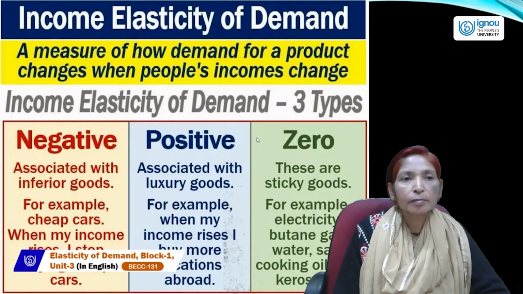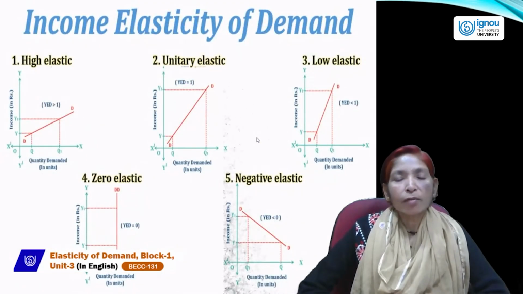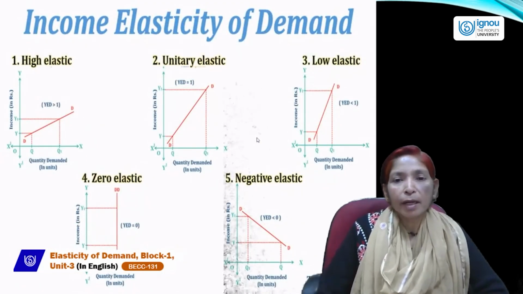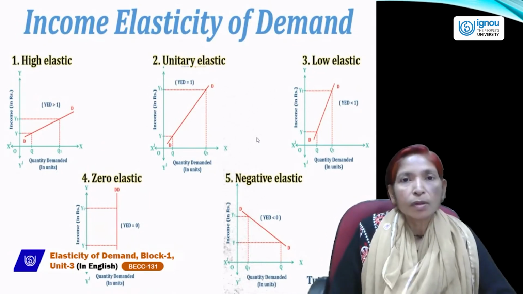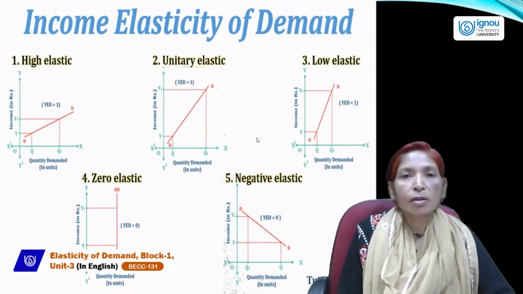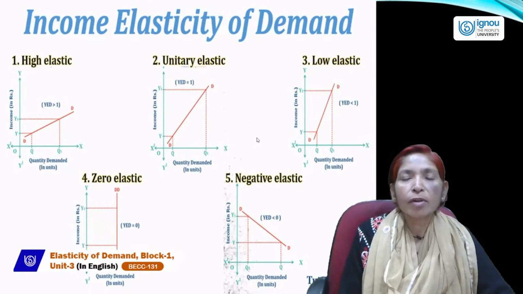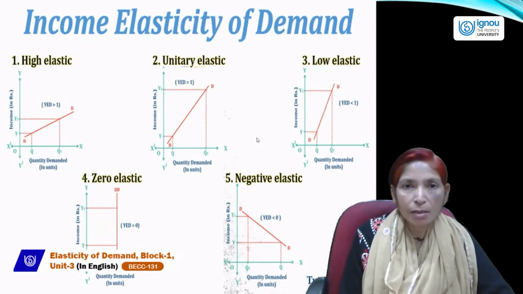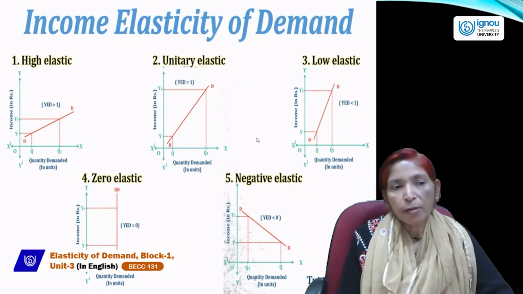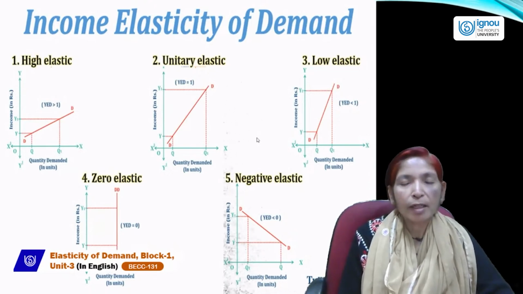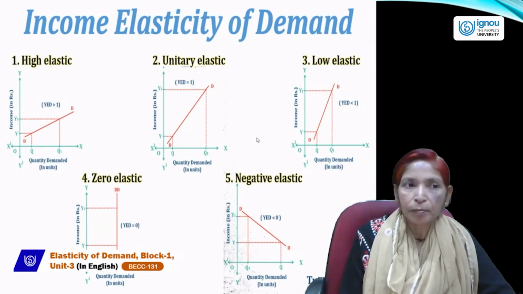Now, next, income elasticity of demand can be presented by different curves. These two are the extreme cases of elasticity of demand: one is perfectly elastic and the second is perfectly inelastic. These are the two extreme situations of elasticity of demand.